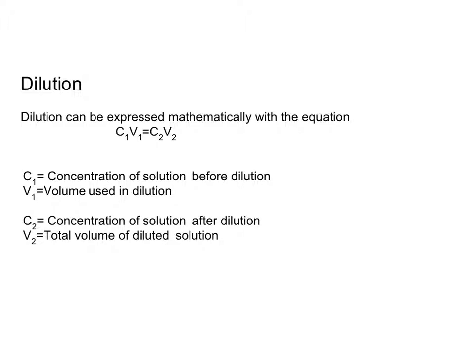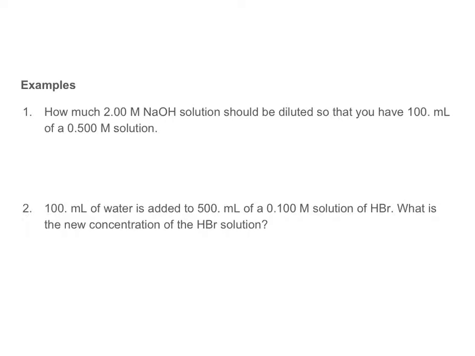So when we go through a couple of problems working with this, for example, question number 1 says, how much of the 2 molar sodium hydroxide solution should be diluted so that you have 100 milliliters of a 0.5 molar solution. So in this problem, I have C1V1 and C2V2.